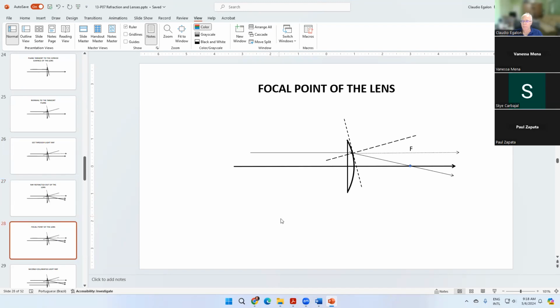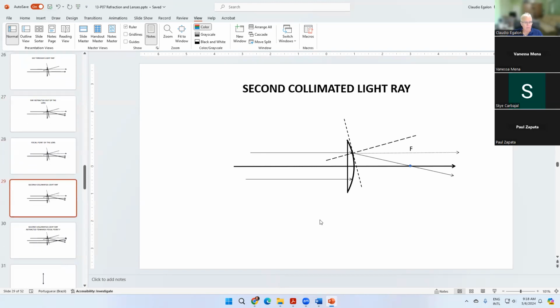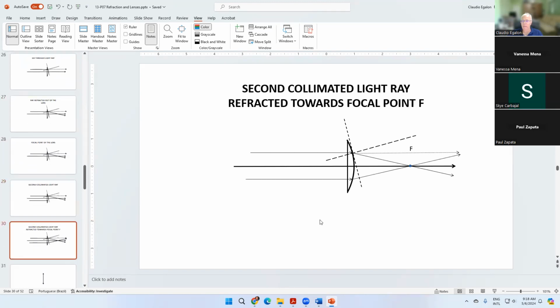Okay? Just like we do with mirrors, right? A spherical mirror reflects a collimated light ray towards its focal point as well. And then I have a second light ray that's being refracted towards the focal point as well.